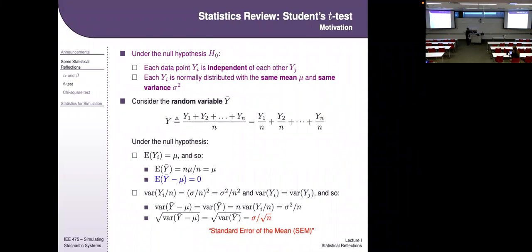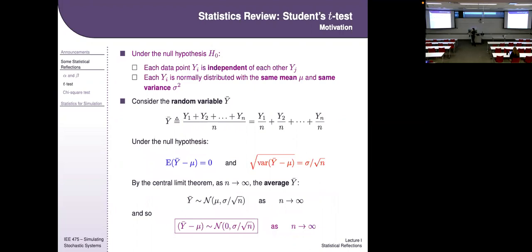So now we've got a mean of this quantity, y bar minus mu, equal to 0. And we've got a standard error of this mean, which is sigma divided by square root of n. So this is just describing the distribution of values that we get by doing this y bar calculation for different data sets.